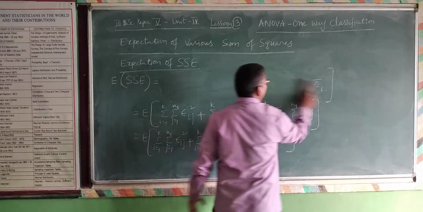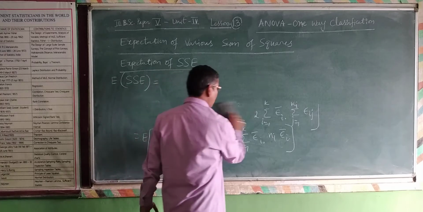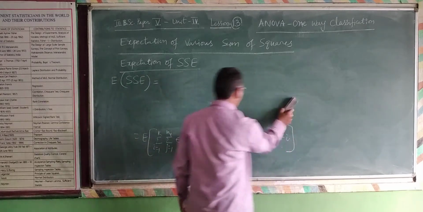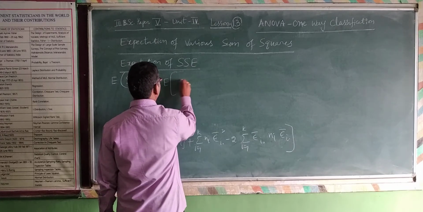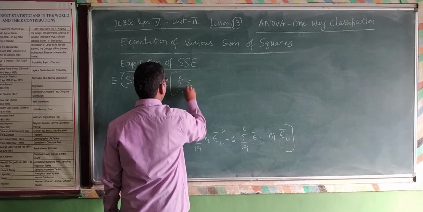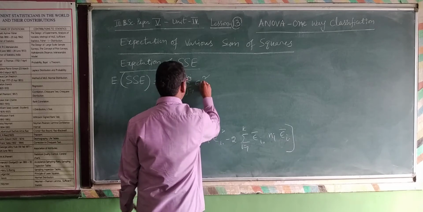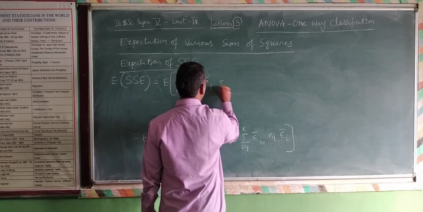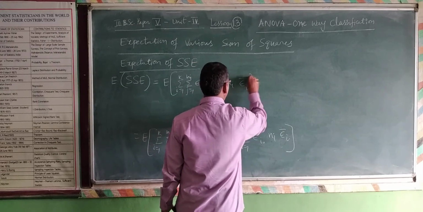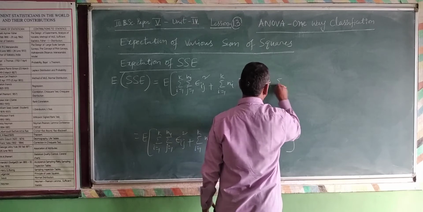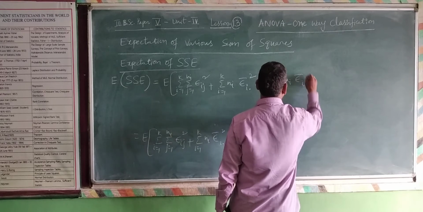Now you have the expectation of summation i equal to 1 to k, summation j equal to 1 to ni epsilon ij square, plus summation i equal to 1 to k ni into epsilon bar i dot square, minus 2 into summation i equal to 1 to k ni into epsilon bar i dot square.